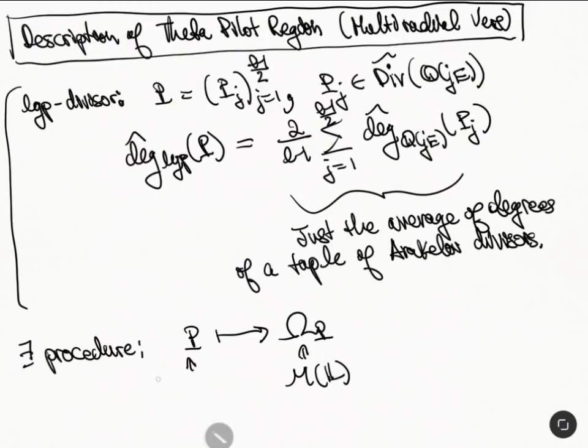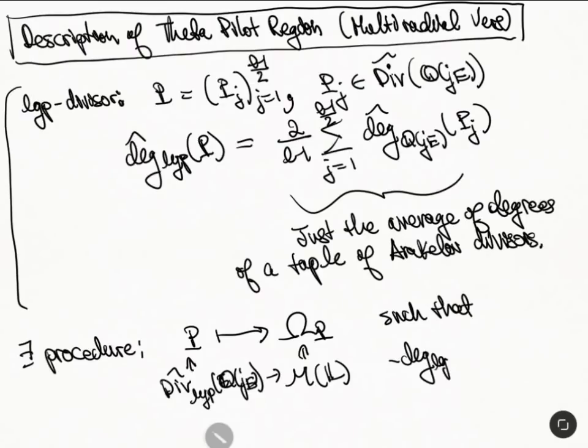This thing here is one of these, we can call this div hat LGP, so Q J of E. All right, so this again holds generally without these specific fields, such that here the negative of the degree of this LGP, degree of P, is equal to this log volume L of omega of P. Okay, so there's a conversion between these guys and these guys, and I'll write that down later.